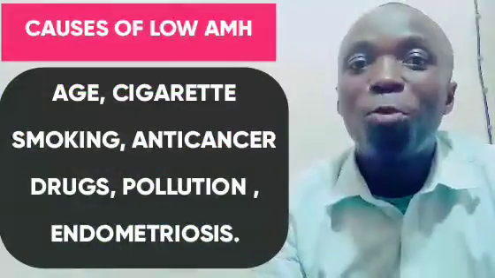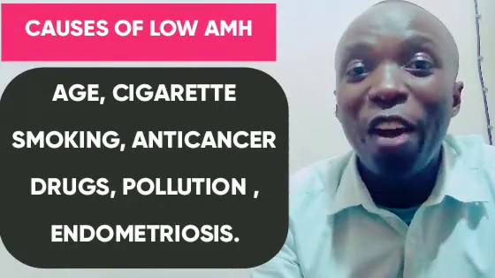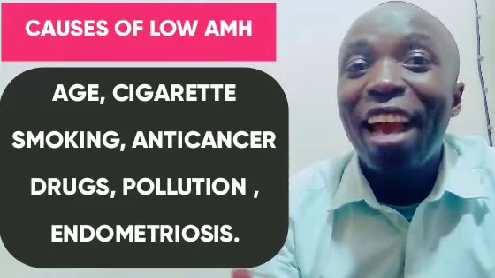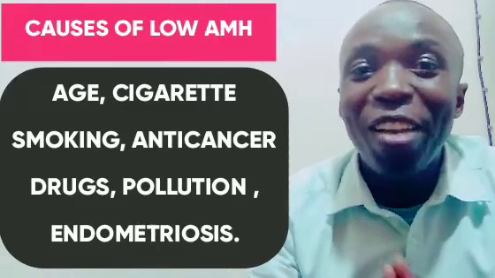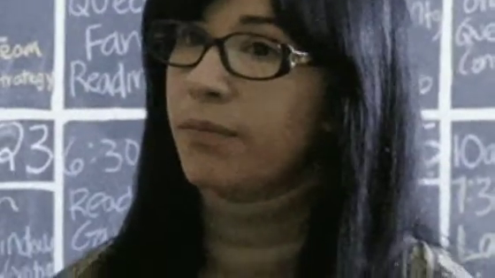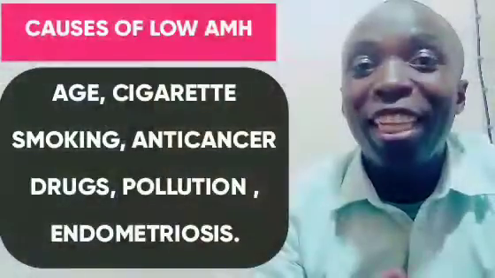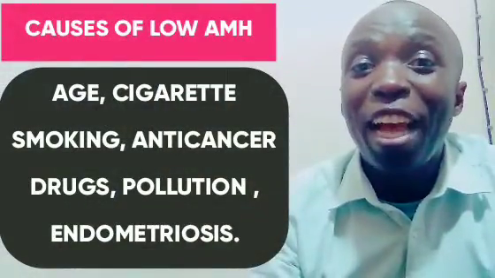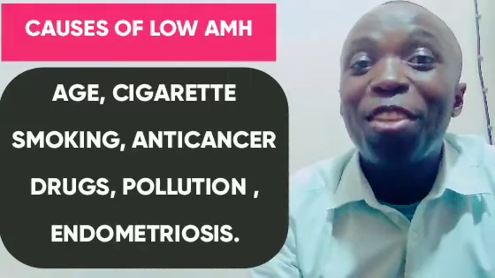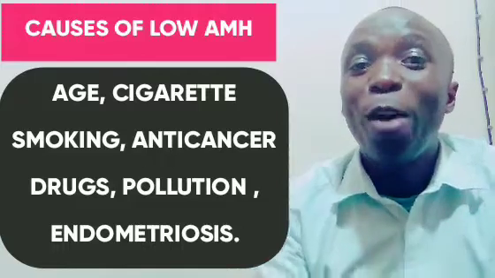First of all, before we jump to the causes of low AMH, we need to understand what the anti-Mullerian hormonal levels are. The anti-Mullerian hormone is a test which gives an overall picture about the quality of your follicles, or the quality of your eggs.